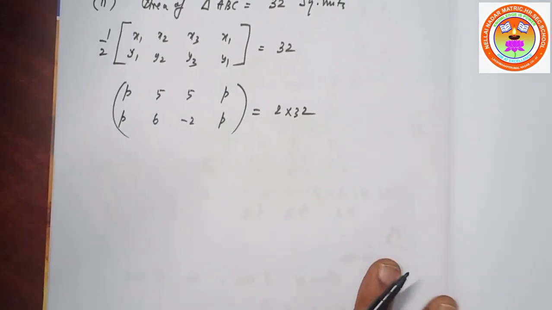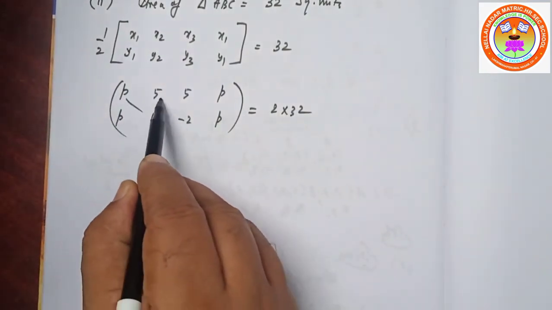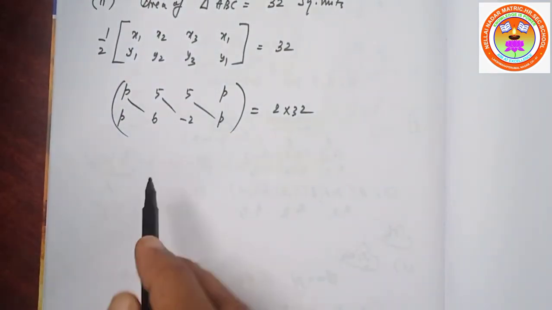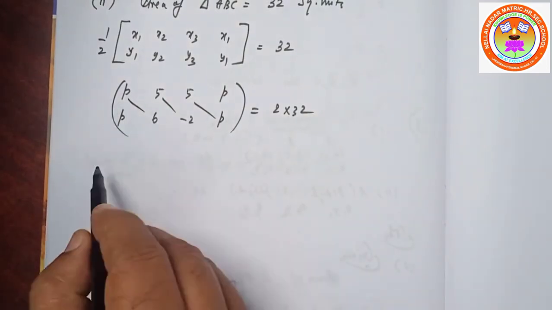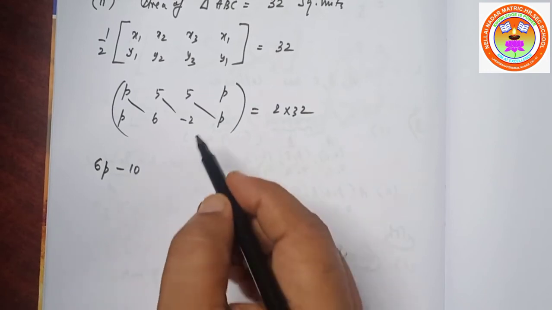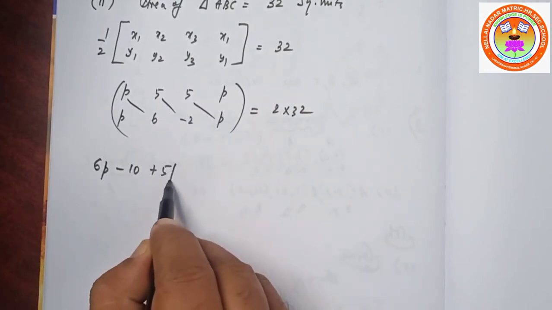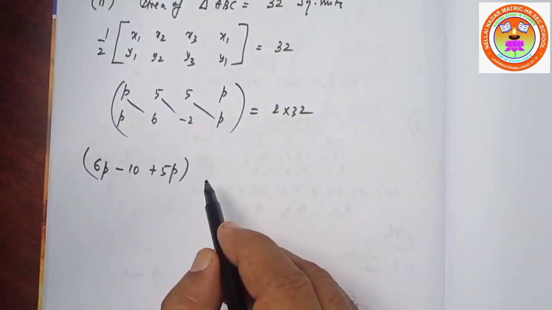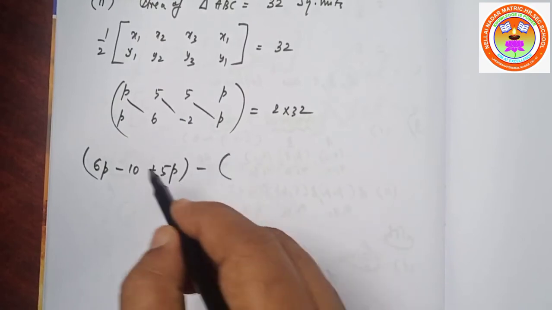Now multiply these. p into 6 is 6p, 5 into minus 2 is minus 10, 5 into p is 5p. Write them inside the brackets. Then introduce minus.